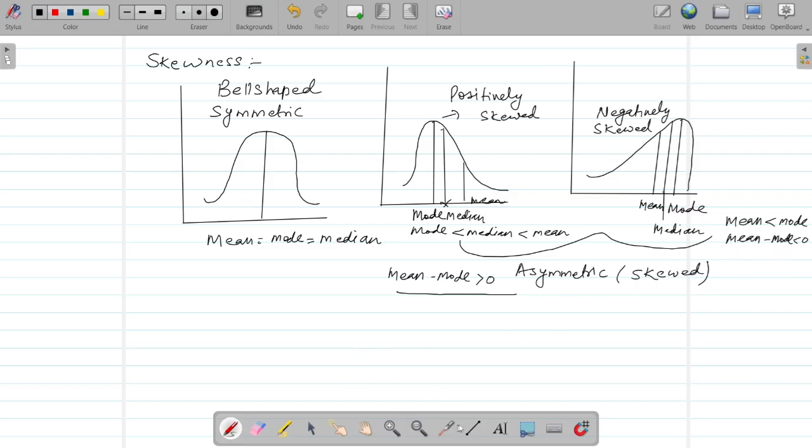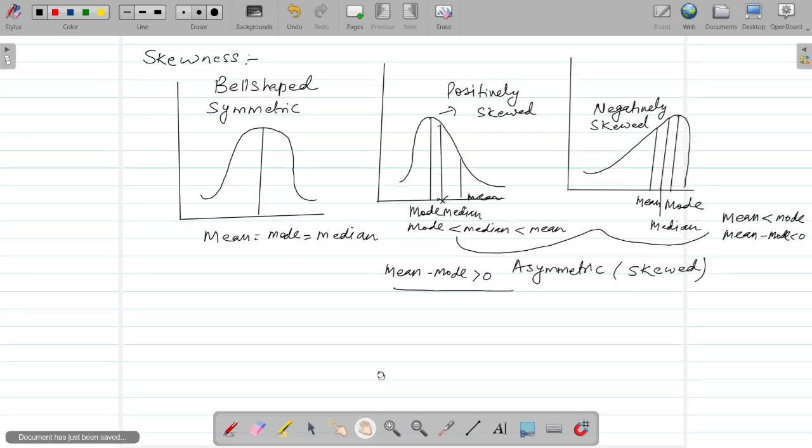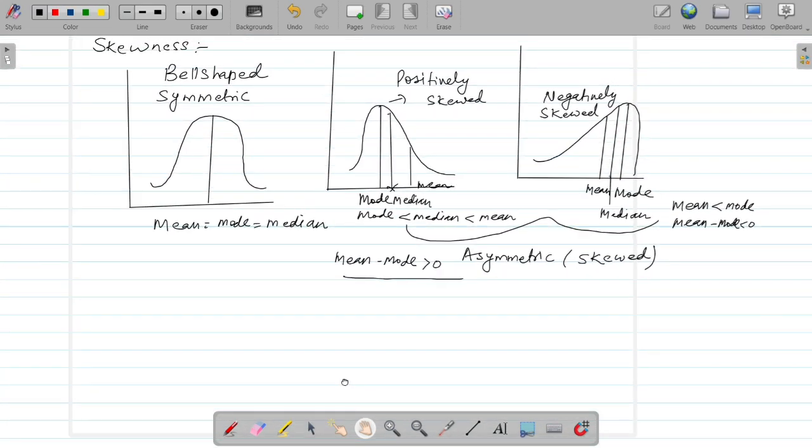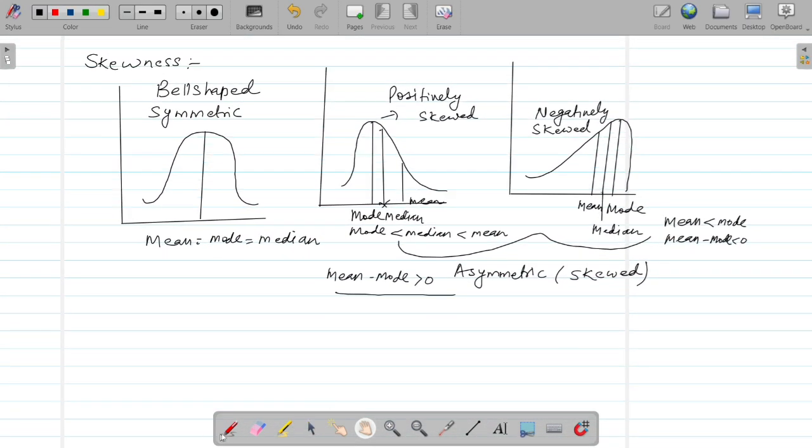So for the methods of measuring skewness, we have both absolute and relative measures of skewness. So now methods to measure skewness. For the absolute measure, we have the difference of mean and mode.